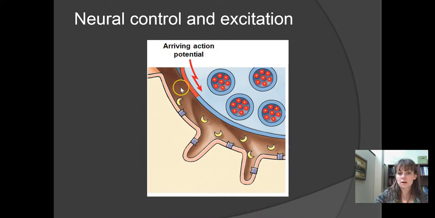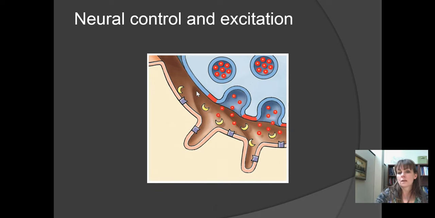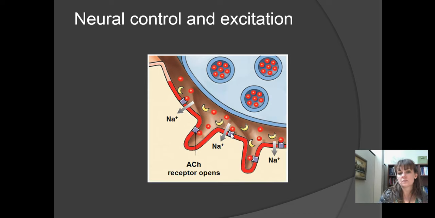Okay, so the way we start is we have an action potential that comes down the motor neuron. That is going to cause acetylcholine to be released into the cleft. It diffuses across the cleft from the motor neuron over to these ACH receptors.